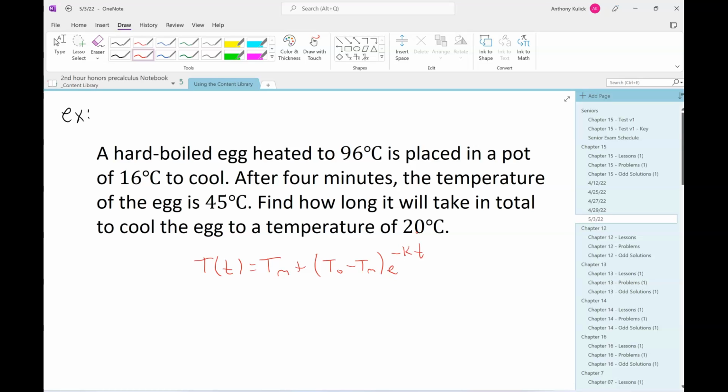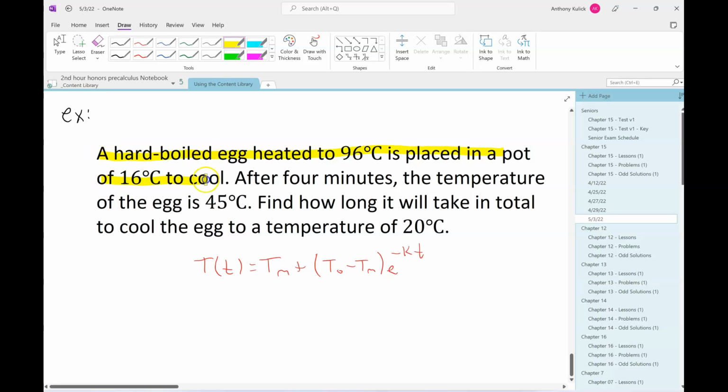If we read this question, do we have all of the variables given to us? No, what are we missing? The constant. So we're going to have to find a way to solve for that constant first.